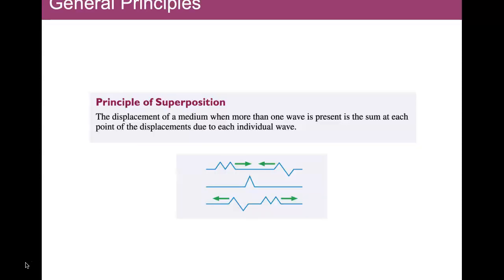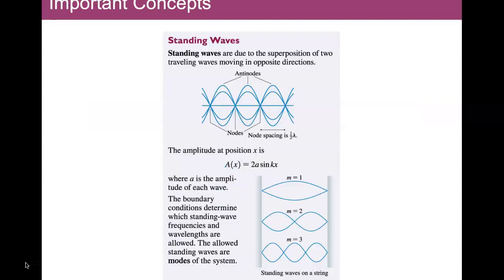First we started the chapter talking about the principle of superposition, which simply says that the displacements add up for waves from different sources that propagate in the same medium. We talked about standing waves, a particular pattern of superposition when you have two counter-propagating waves with the same amplitude, same frequency, same wavelength. They give rise to this pattern that doesn't really propagate. It just moves up and down.